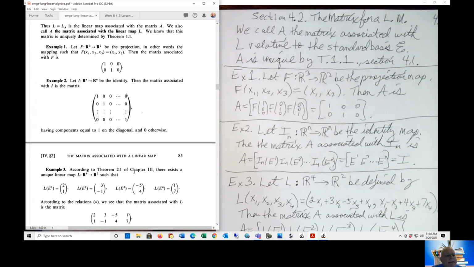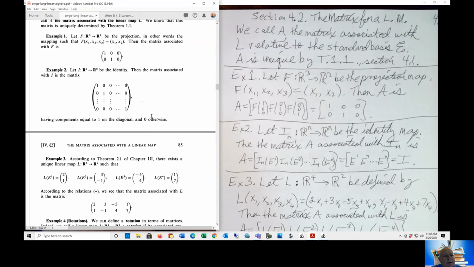Okay. All right, I tried to make example 1 and 2 look more easy to understand. Let example 1 be the linear mapping F from R3 to R2 be the projection map, where we're knocking off the third coordinate. F of x1, x2, x3 is just the ordered pair x1, x2.